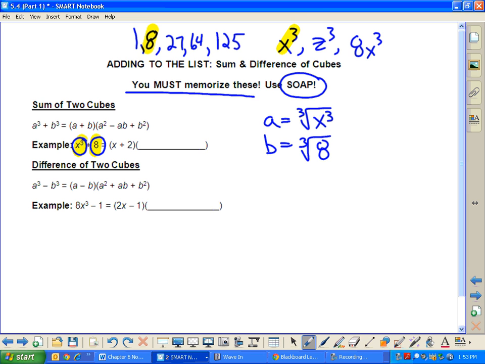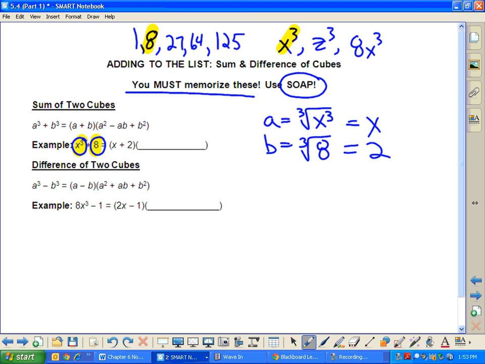You've done this before with the square root method. You took the square root of the first part, square root of the last part. Now we're doing cubes. So cube root of the first part, cube root of the last part. Cube root of x cubed. X, very good. Cube root of 8. 2, very good.